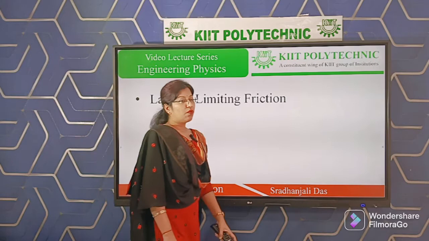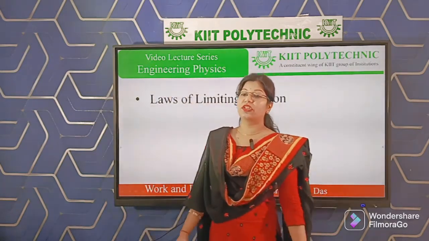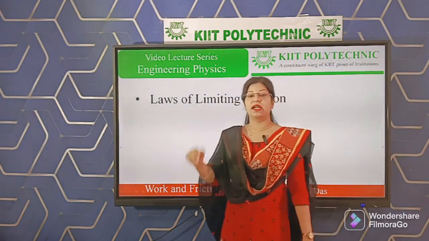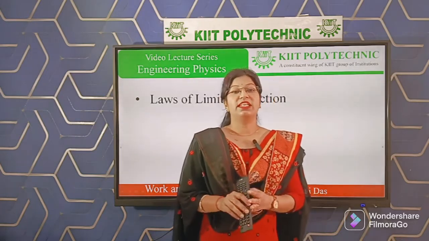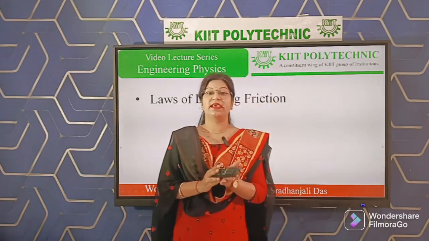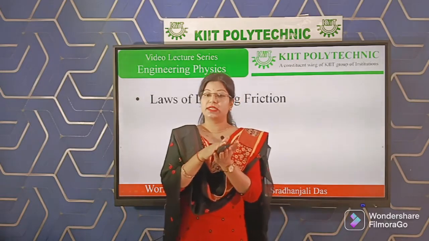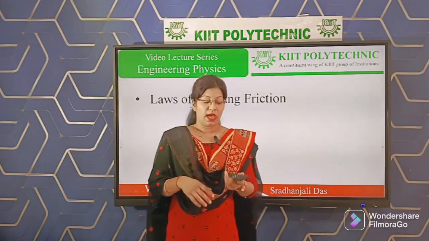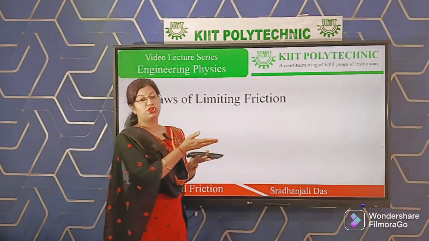Then we discuss what the laws of limiting friction are. The laws of limiting friction are very, very important. So what are the laws? The laws of limiting friction state that the force of friction depends upon the nature of the two surfaces in contact, which we already discussed. And the force of friction always opposes the motion of the body.